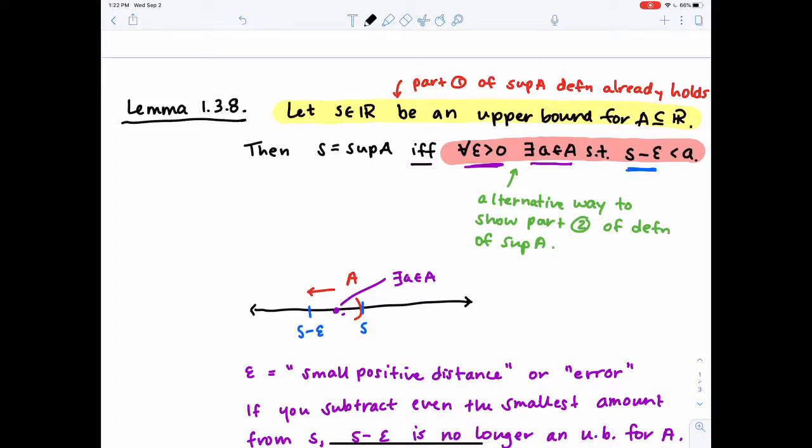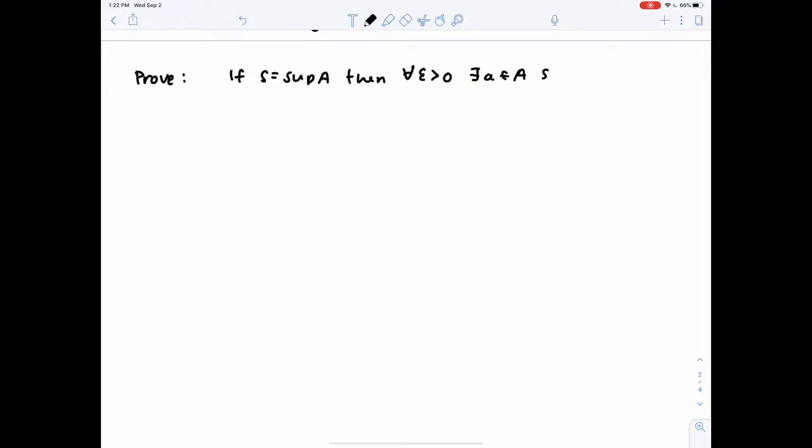Now there are different ways that you can do this. Let's say we're focusing on the forward direction first. So let me write out what we're trying to prove. We want to prove that if S equals the sup of A, then for all epsilon greater than 0, there exists a little a in A such that S minus epsilon is less than a.